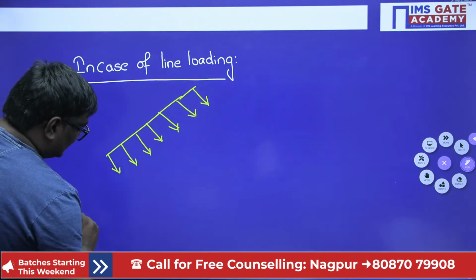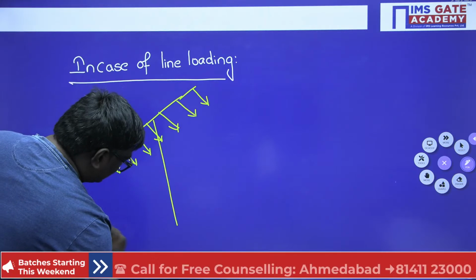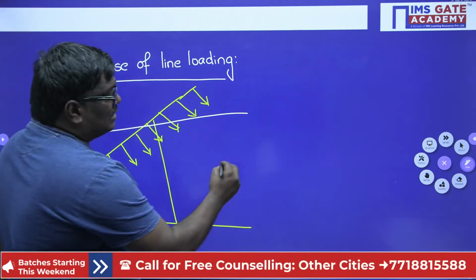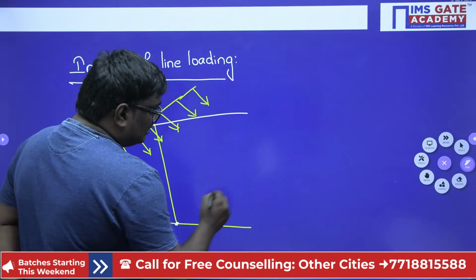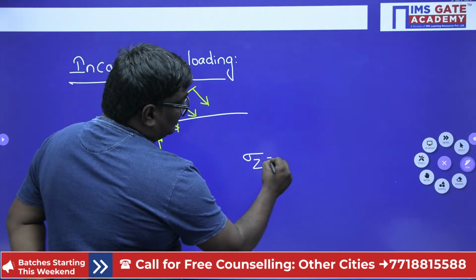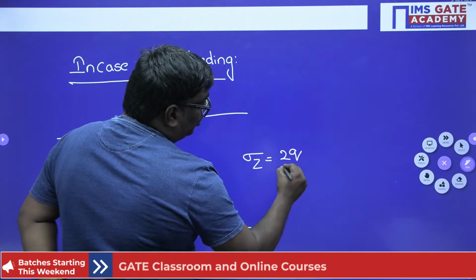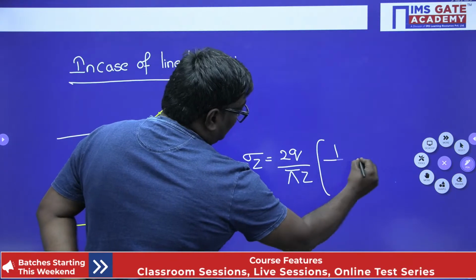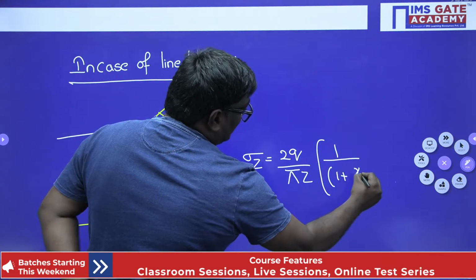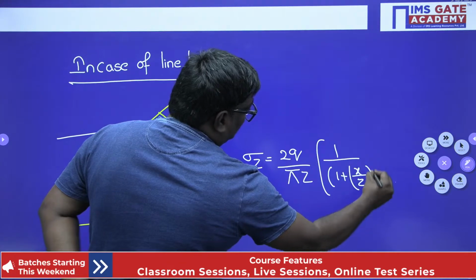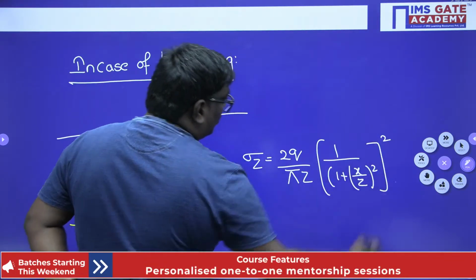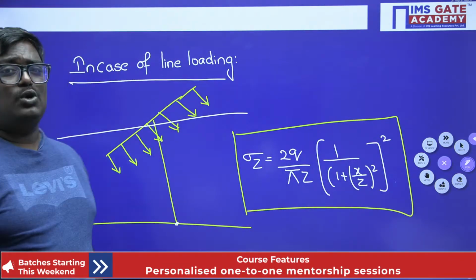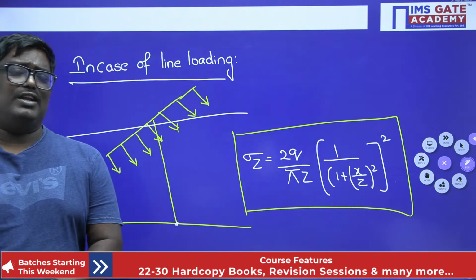If we consider this as a soil strata, see students, the stress at a depth z is given by the formula 2q upon pi z into 1 upon 1 plus x by z whole square. This formula seems to be difficult, but there are no other options. You have to integrate, and that is very difficult.